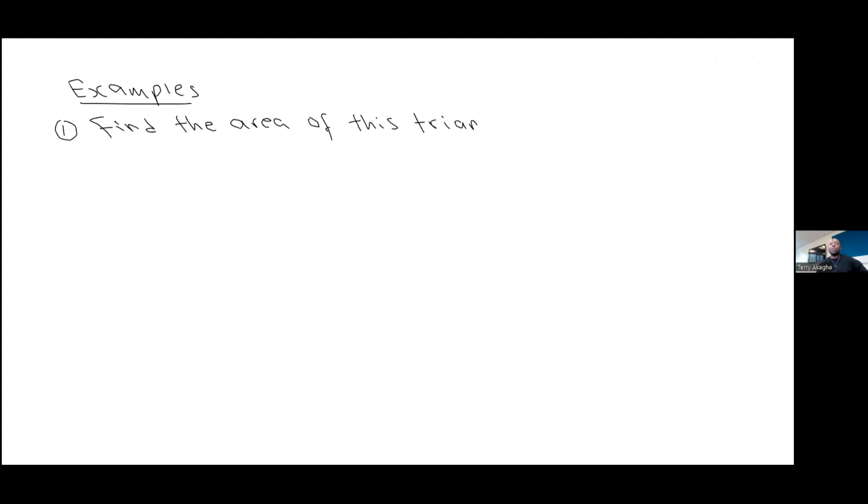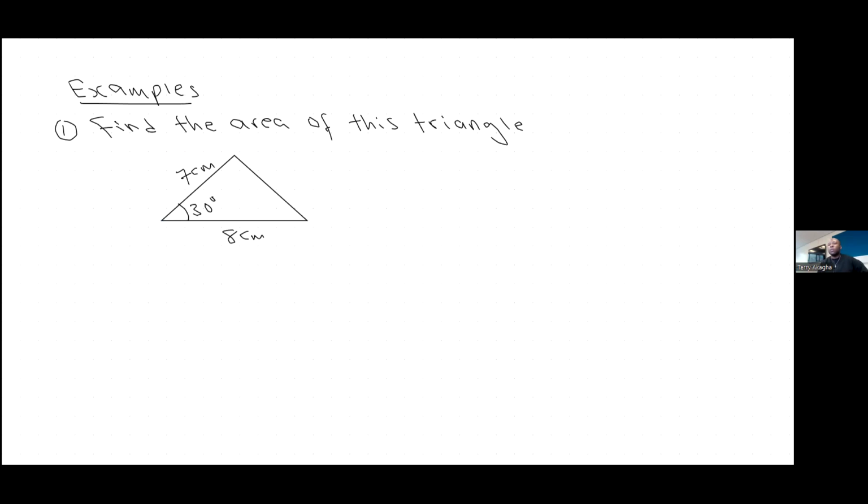Okay, so we have a triangle like this. We're told this is 30 degrees, and this is 8 centimeter, and this is 7 centimeter.